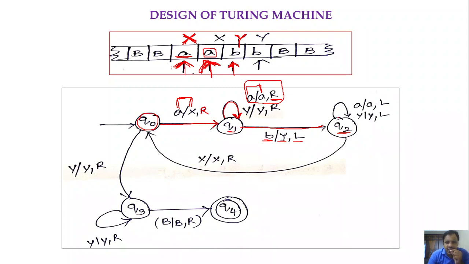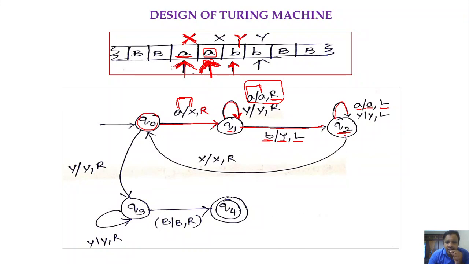So in Q2, if we get A, keep that A as it is and move the head towards left. This second A we will skip, then we will get an X symbol, right? So in Q2, if we get X, keep that X as it is and move the head towards right so that it will point to the second A.